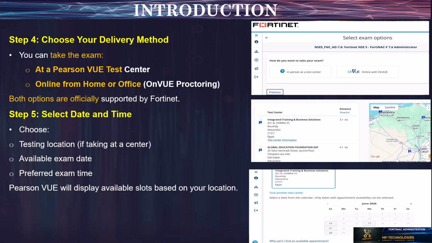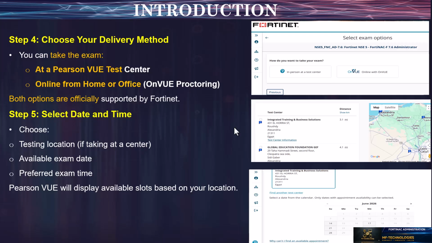If you are taking the exam online, you will simply choose the date and time that best fits your schedule. My recommendation is to schedule the exam shortly after completing your studies, while the material is still fresh in your mind. Setting a target exam date also provides additional motivation for you to complete your preparation.